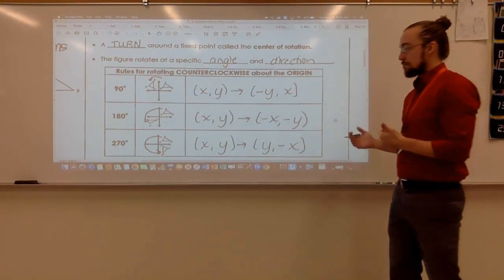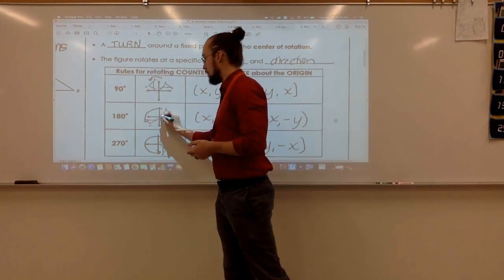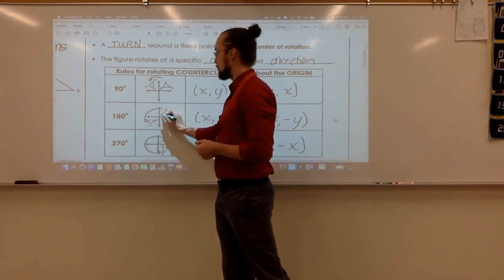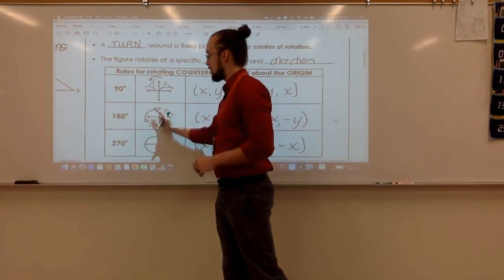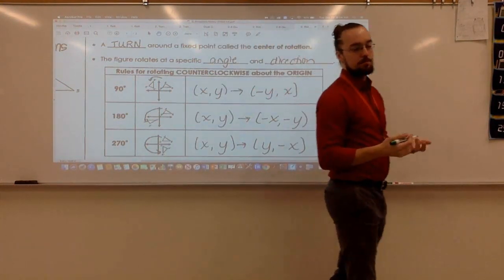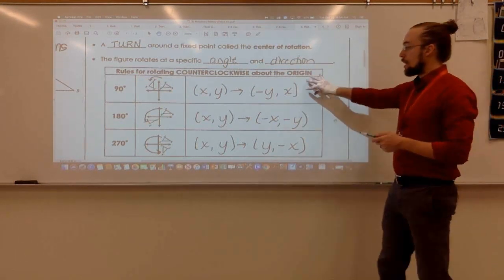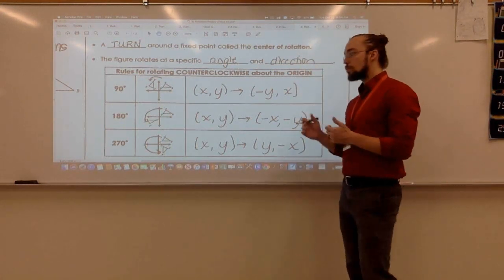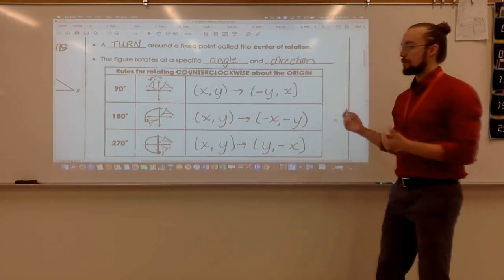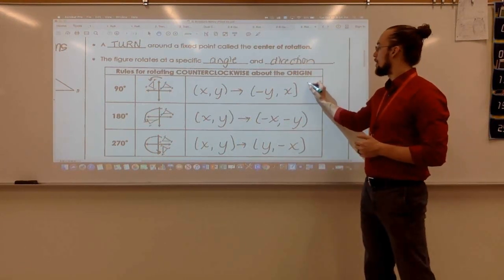Same thing for the 180. Attach a line from each point to the origin and rotate that line 180 degrees. Same thing for 270. Now, another note, and we'll look at some of these things probably tomorrow.